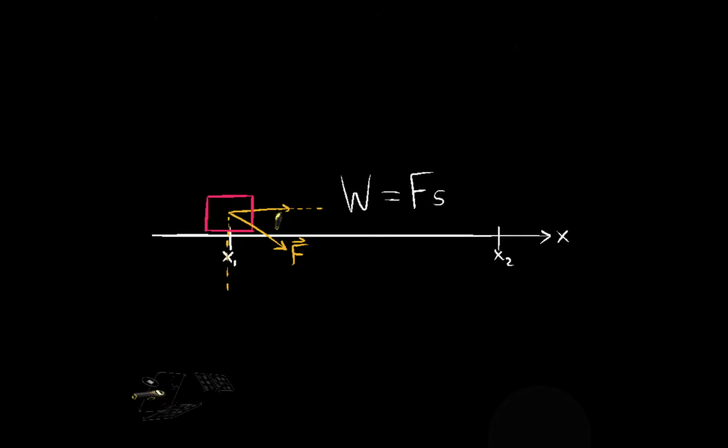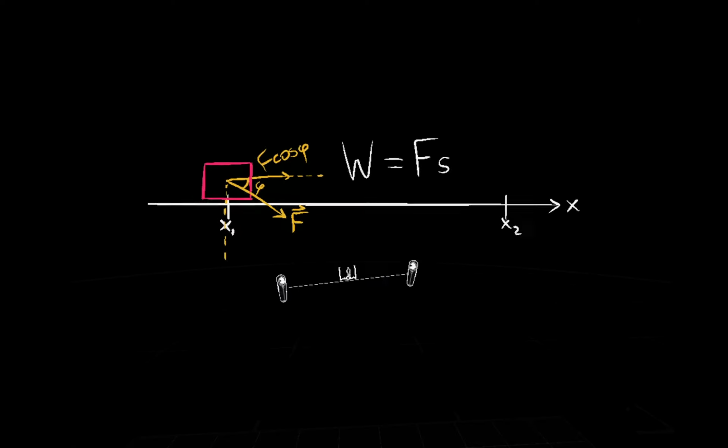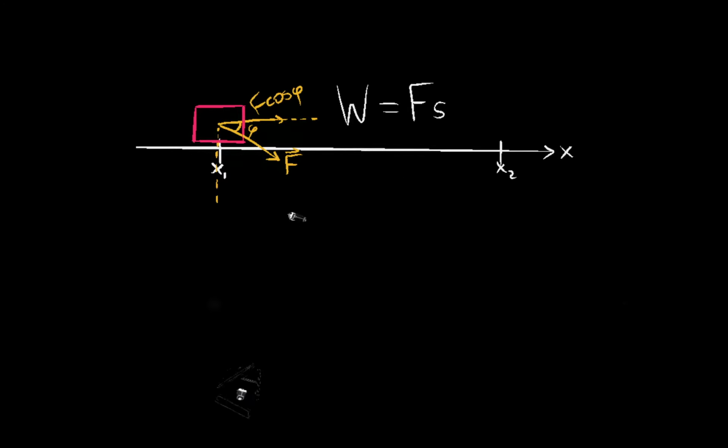So that one there. So this would be at some angle, right? And so this would be F cosine phi in this example.